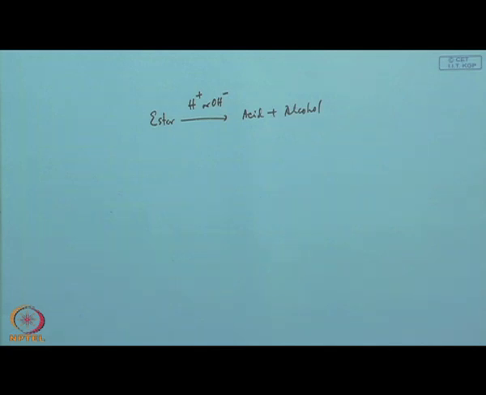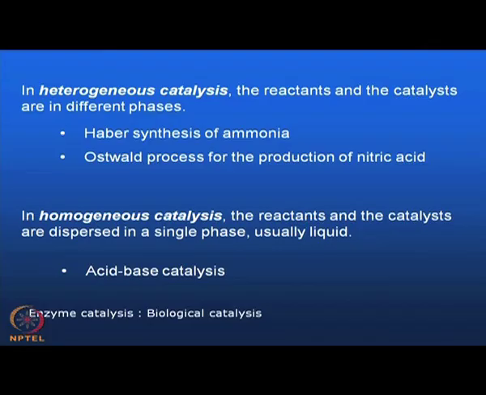Now, enzyme catalysis is another example. It is a biological catalysis. I talked about heterogeneous and homogeneous catalysis; all these are non-biological processes, but for biological cases it has a different name, which is called enzyme catalysis. Enzymes are small proteins or polypeptides.